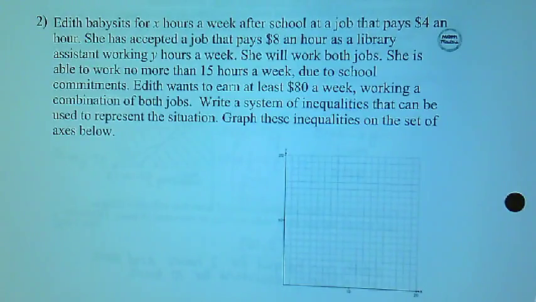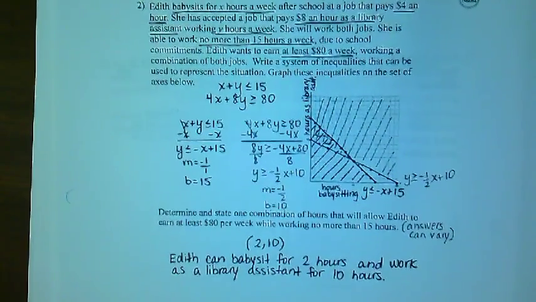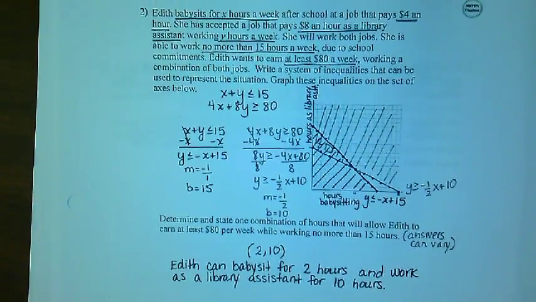I do apologize, that is a tiny graph, but I will give you a bigger one. All right. So again, you want to break this down.